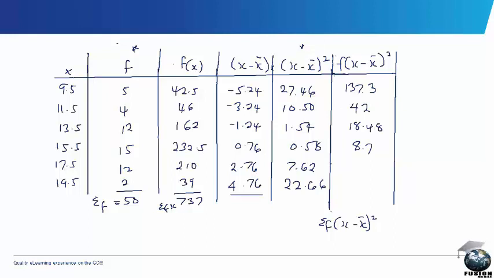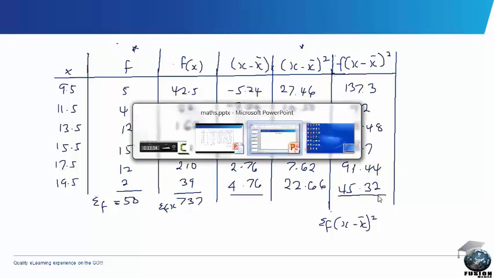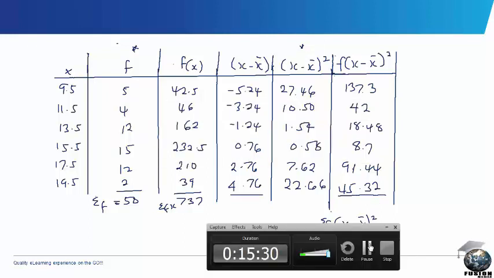Then 12 times 7.62 gives us 91.44, and 22.66 times 2 gives us 45.32.